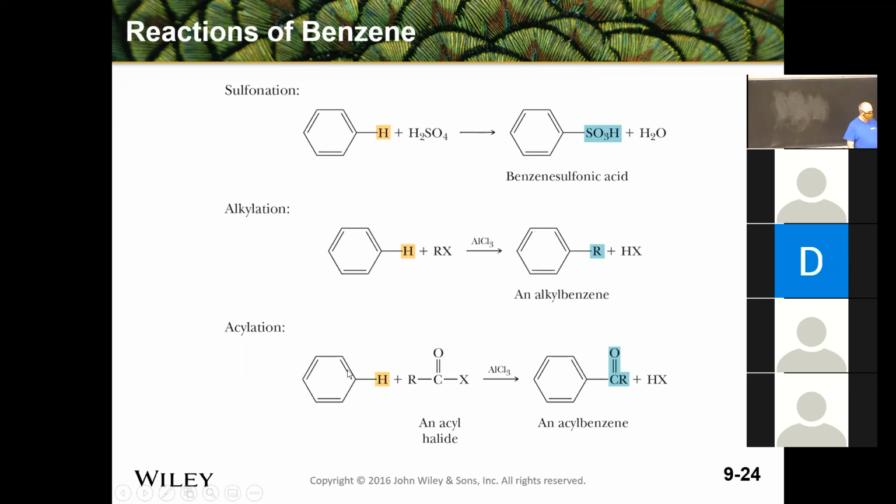This is what's called acylation. And the product here is an acylbenzene, which is actually a ketone. And in both these cases, the byproduct is HCl gas.